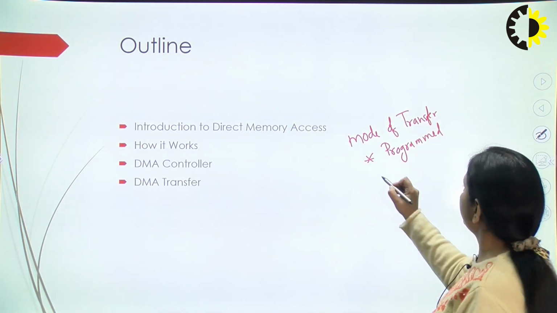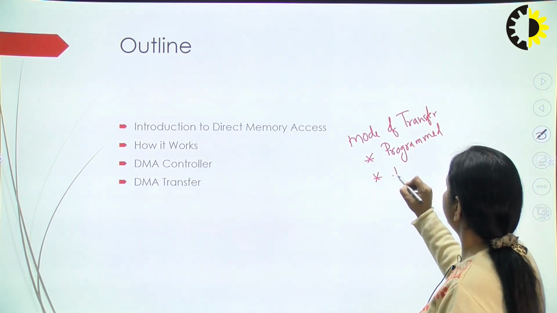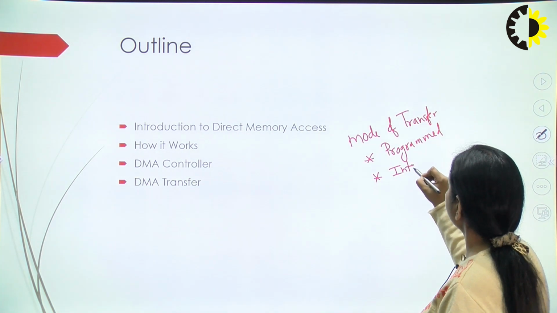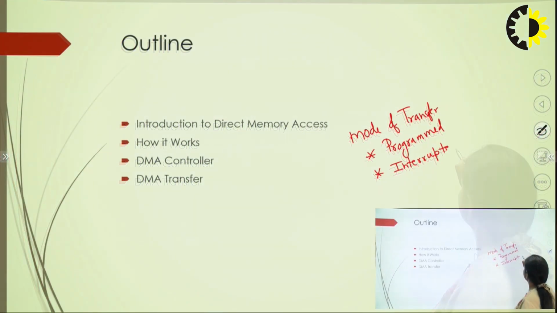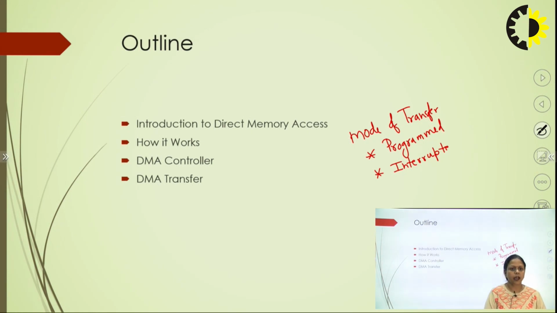Second one is interrupt initiated I/O. In interrupt initiated I/O, the input output devices send an interrupt signal to the CPU, so that the CPU can handle the interrupt with the help of a service routine program.